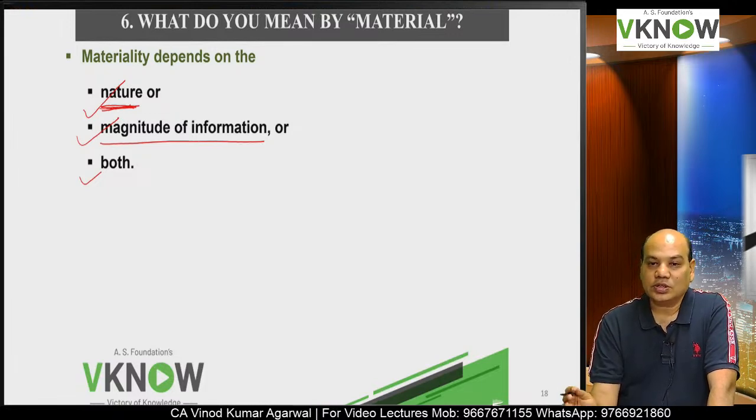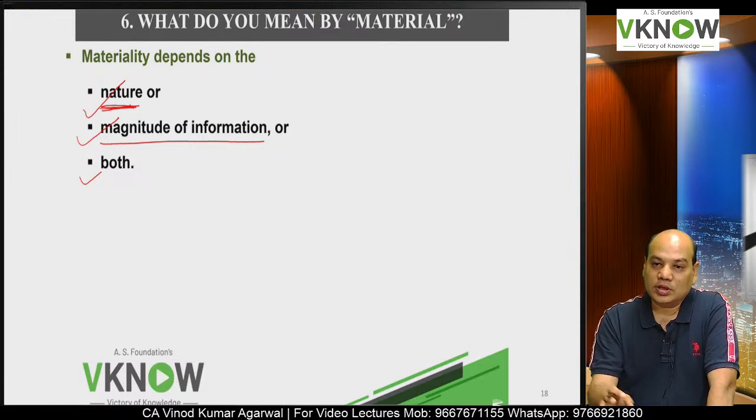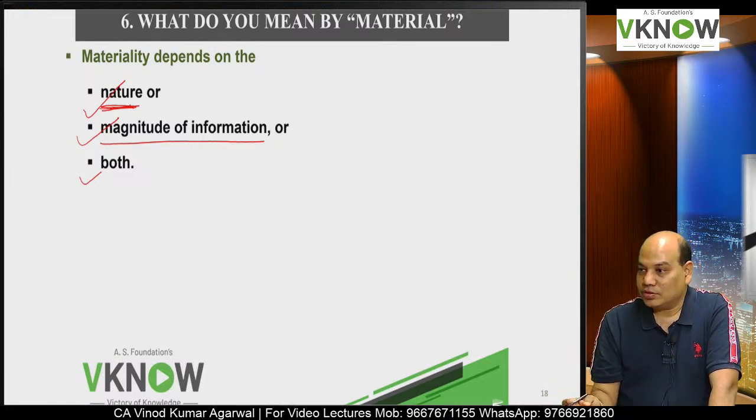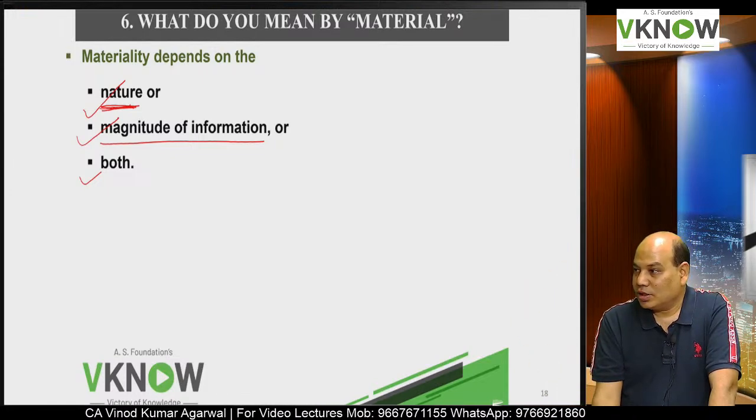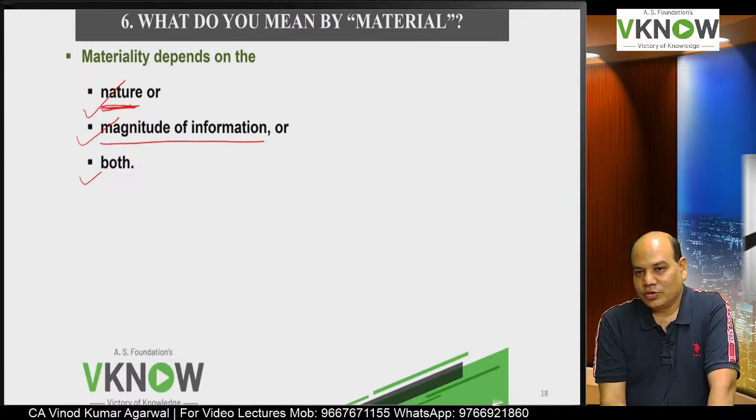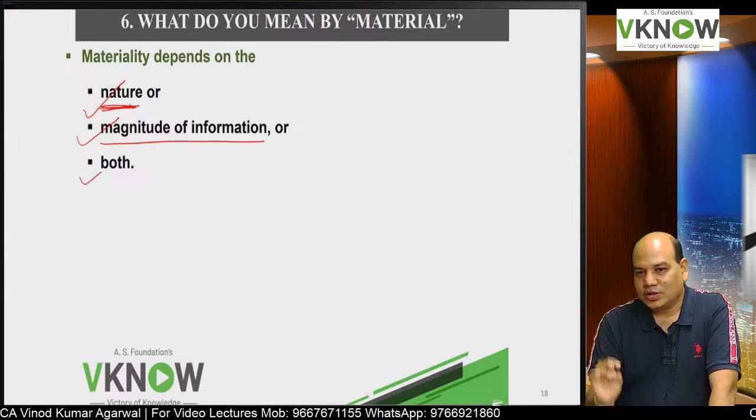Like printing and stationery of 100 rupees is booked under travelling and conveyance. Is it material information? 100 rupees printing and stationery booked under travel and conveyance. The company's turnover is 2000 crore.